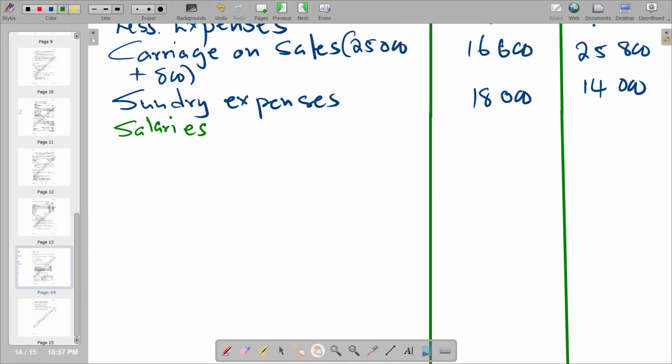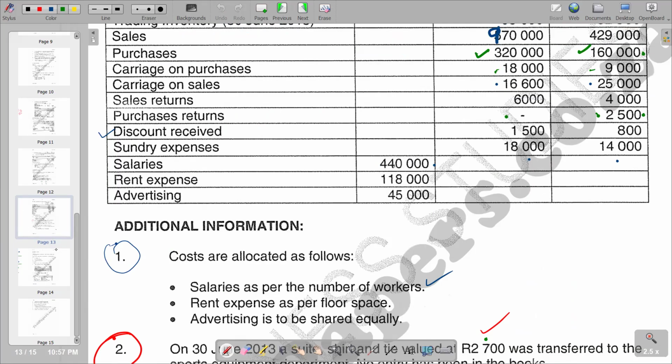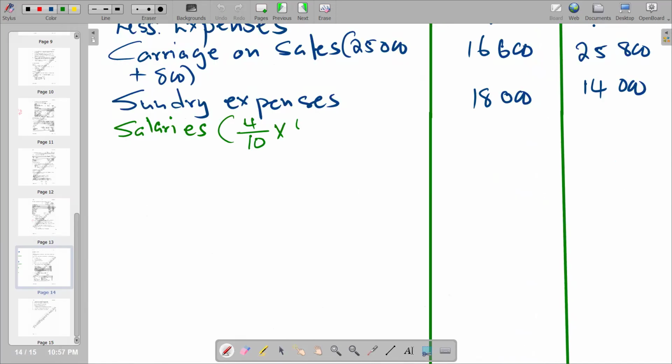So here we are saying salaries. And for salaries, remember in brackets, the first one is 4 over 10 times 440,000. And for the second one, it's 6 over 10 times 440,000.